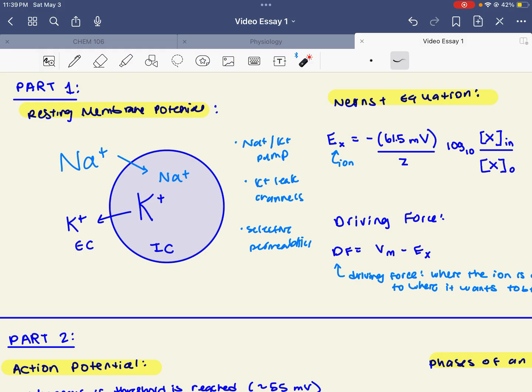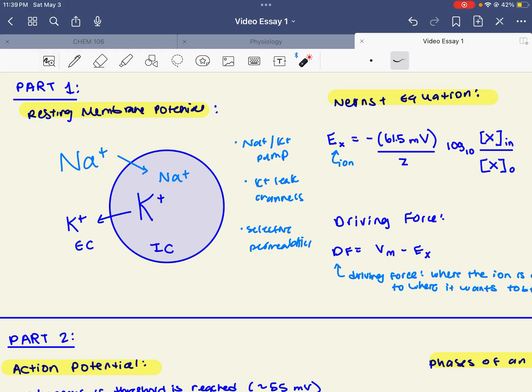What affects the resting membrane potential's magnitude? That is going to be ion concentration differences. As I said, there's a lot of potassium in the cell, and it wants to leave and leave behind those negative charges. There's a lot of sodium outside the cell, and it wants to enter, but the membrane is not as permeable to it.